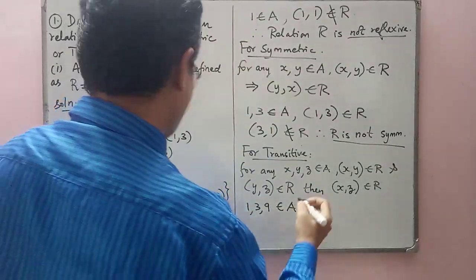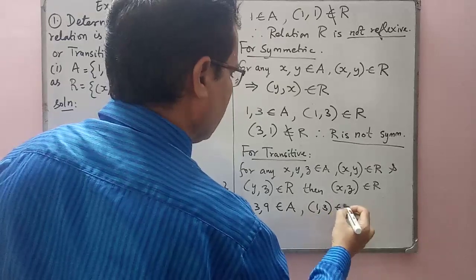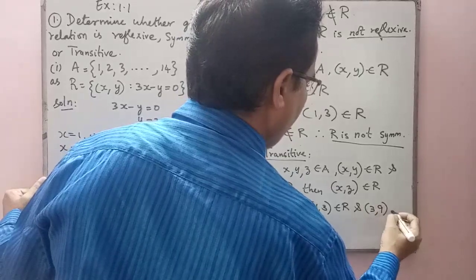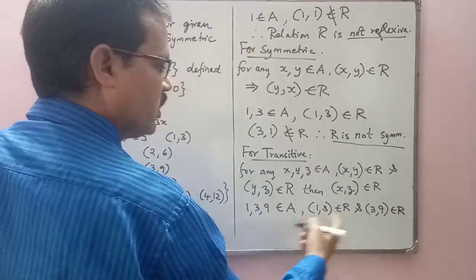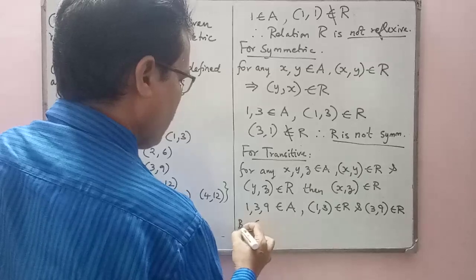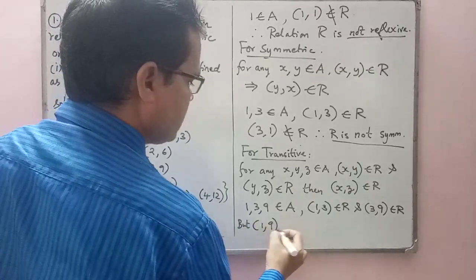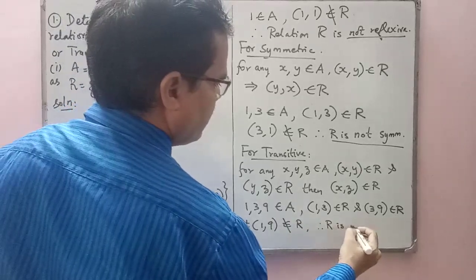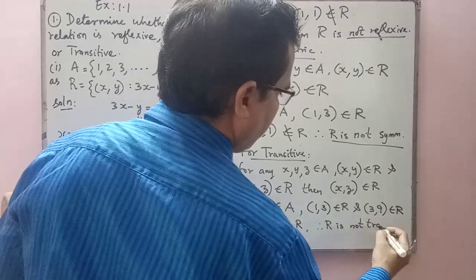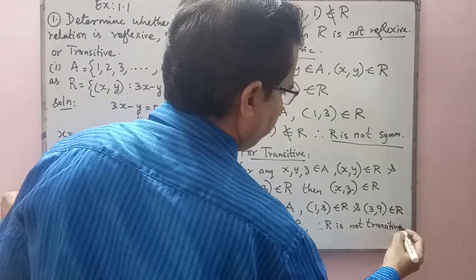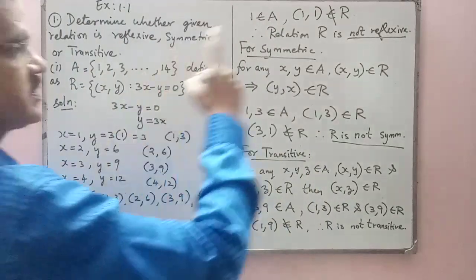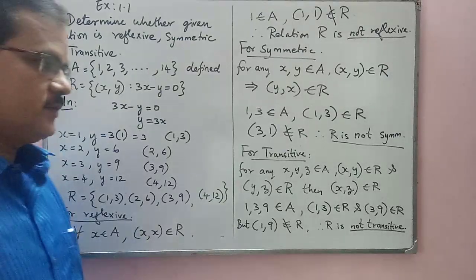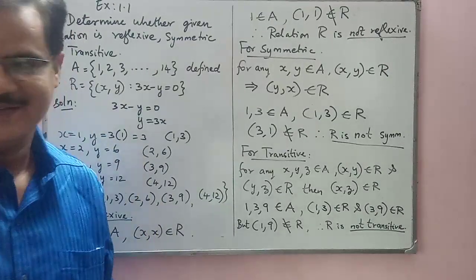Also 1 comma 3 belongs to R and 3 comma 9 belongs to R, but I don't have 1 comma 9. 1 comma 9 does not belong to R. Therefore R is not transitive. Okay children, so it is not reflexive, not symmetric, as well as not transitive. This completes first question, first part.